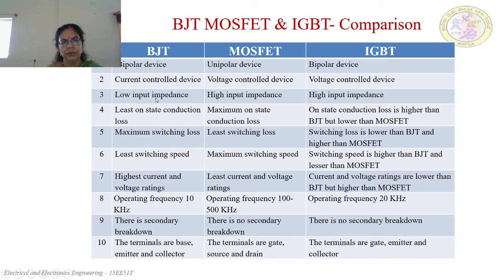BJT has low input impedance, MOSFET has high input impedance, IGBT has high input impedance. BJT has the least on-state conduction loss, MOSFET has maximum on-state conduction loss, IGBT conduction loss is higher than BJT but lower than MOSFET.